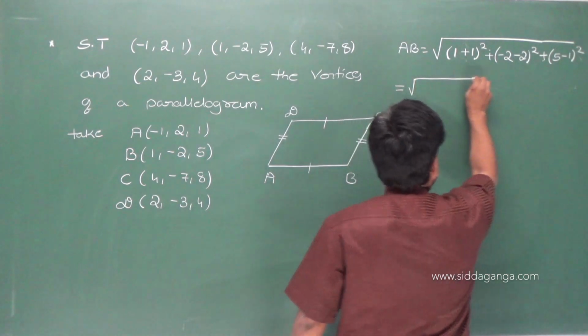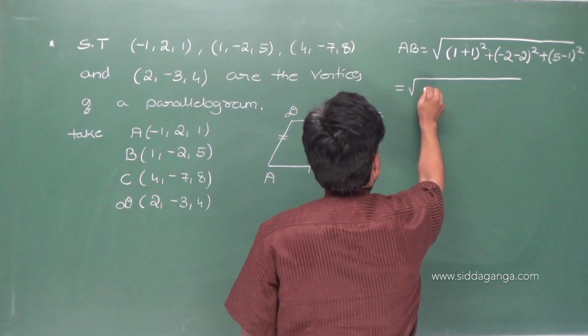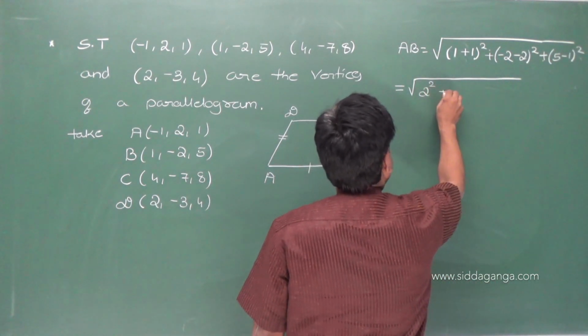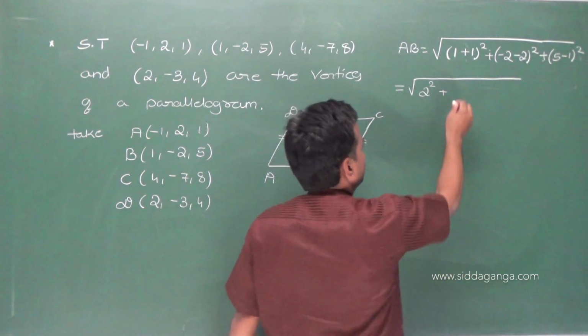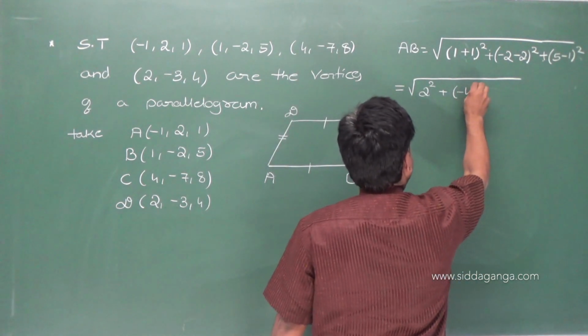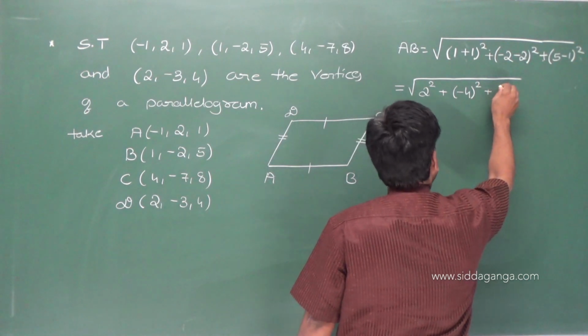Calculate very fast. 1 plus 1 is 2 square, plus (-2 minus 2) is -4 whole square, plus (5 minus 1) is 4 square.